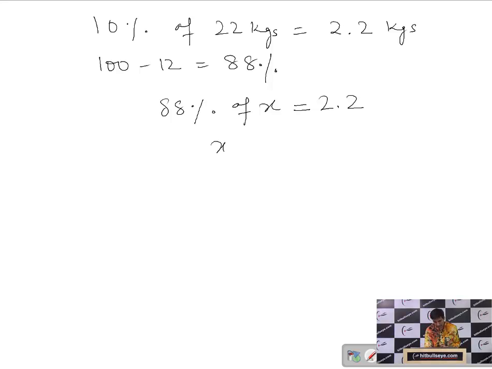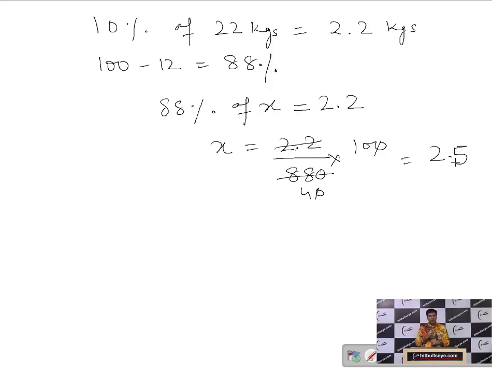Now solving for x, we get 2.2 is 88% of something. So we get answer to be 2.5 kgs.